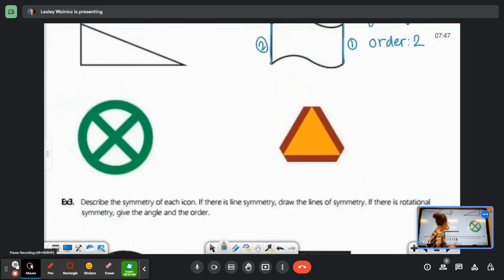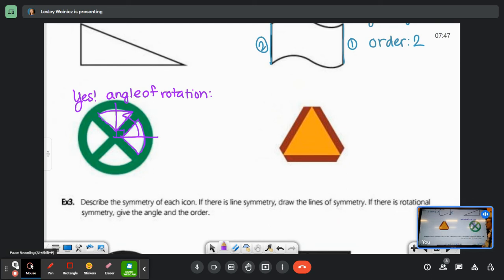Okay, next. Look at this guy. This one definitely has rotational symmetry. So it has an angle of rotation. So let's look at this wedge here. Oops, it's not a triangle. This wedge here. If I rotate this wedge 90 degrees, it's going to line up exactly on that wedge, right?